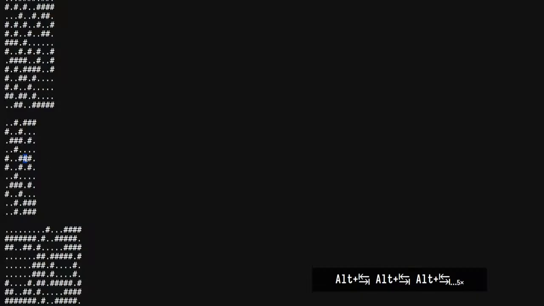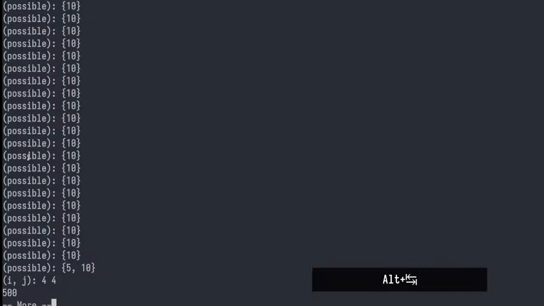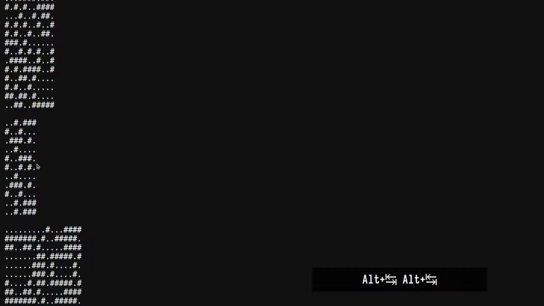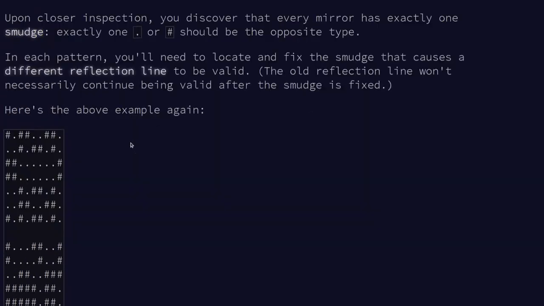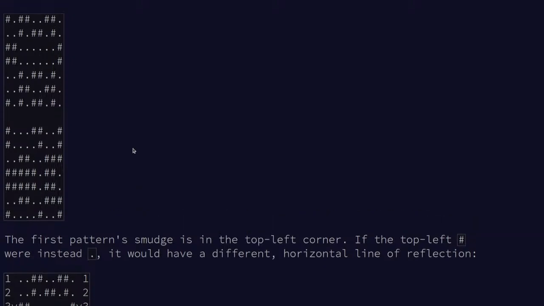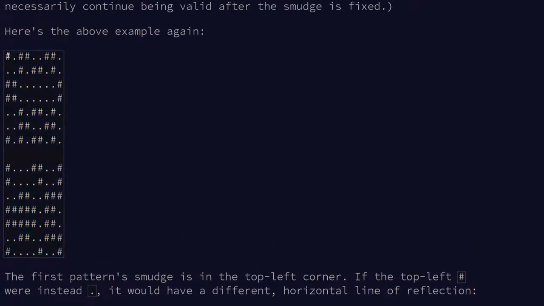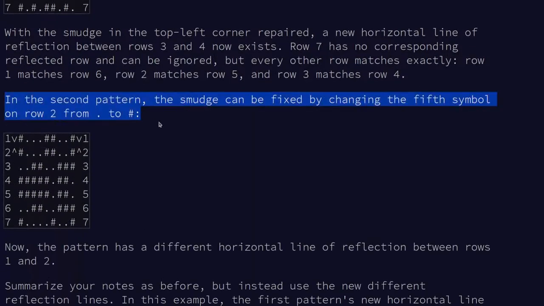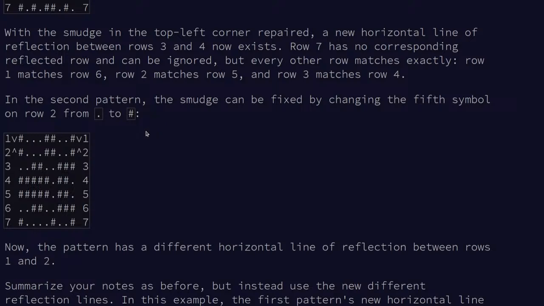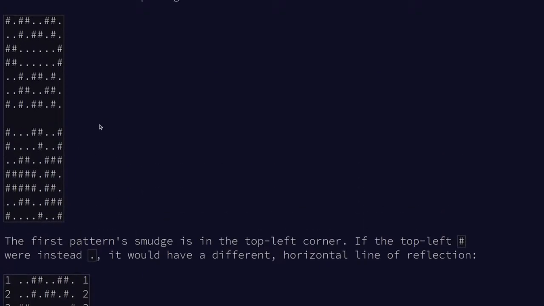So it found this row and it made this as its final answer. This row, for this test case, it didn't have any horizontal line, but for the second pattern, this one can be okay. What was the original thing for this?